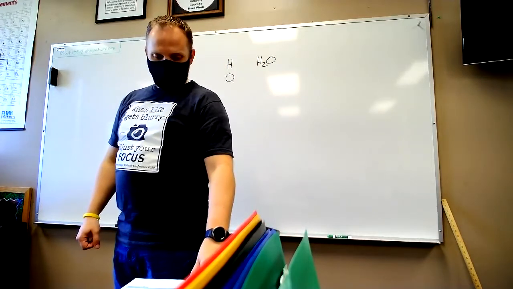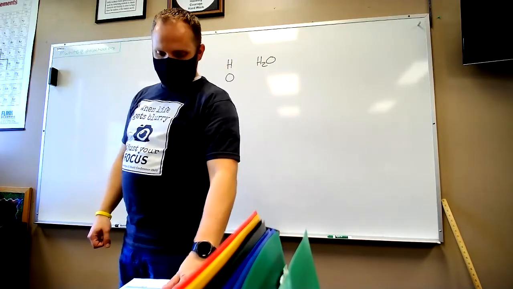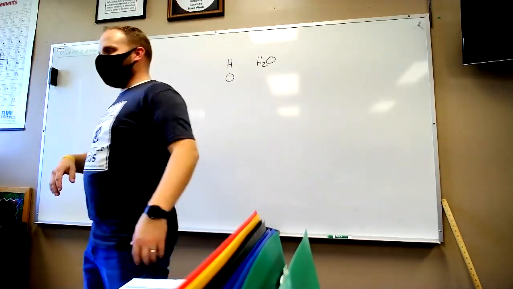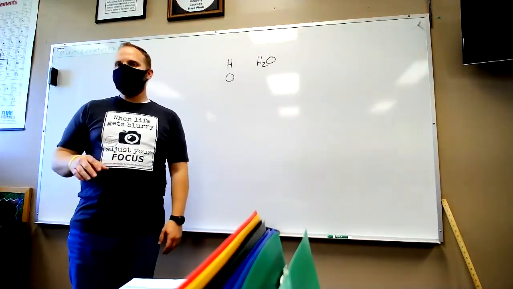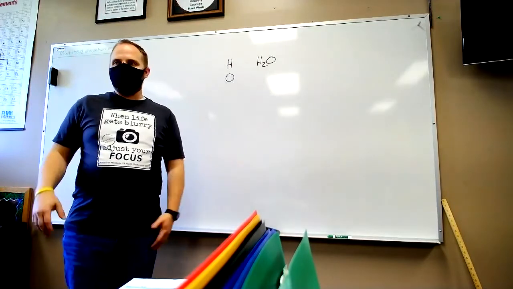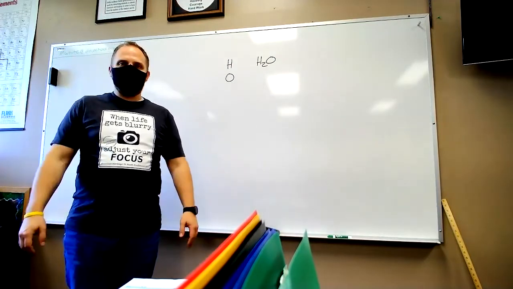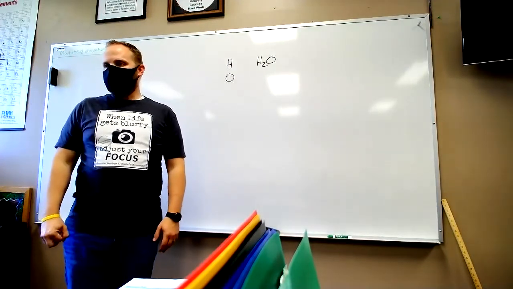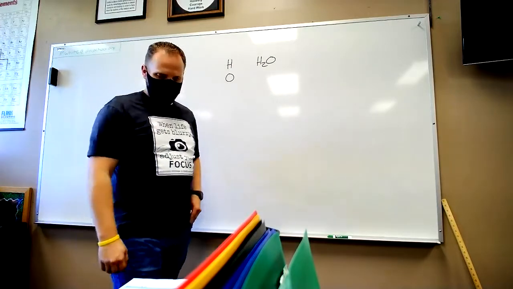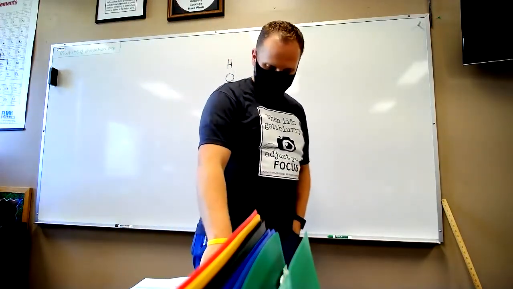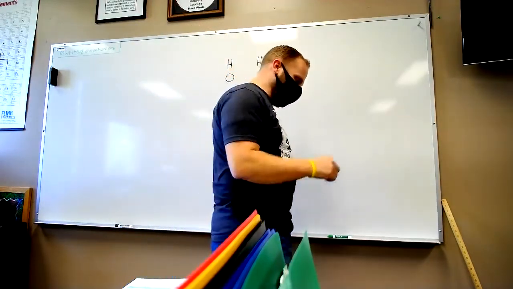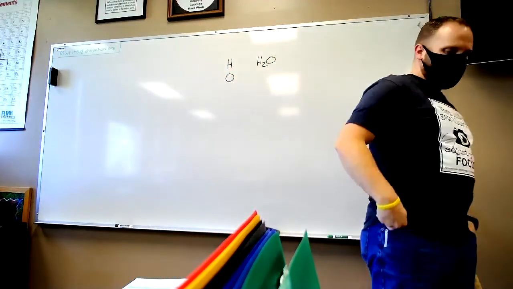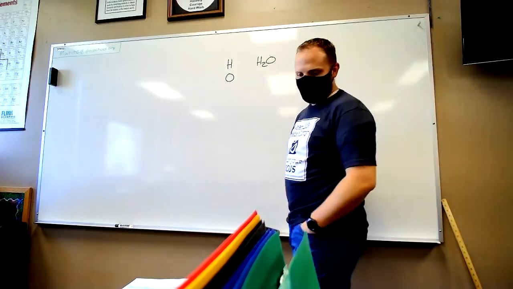So, let's move on into section 2. Honestly, I don't really care that you know section 1, because like I said, it's all a bunch of old stuff that didn't turn out to be really all that true until we get to John Dalton. So, section 2. This is where we're going to really start talking about the atom and what it is.